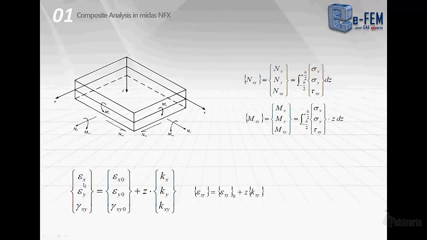Moreover, we can define the generic deformation of a point through the thickness as the combination of the deformation of the point on the mid-plane of the laminate and the rigid body rotation of the point at z, with the terms kx, ky, and kxy.